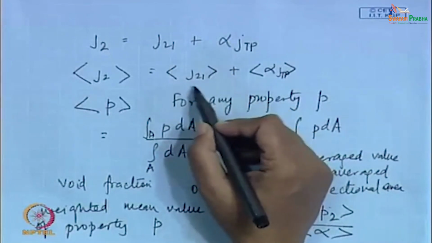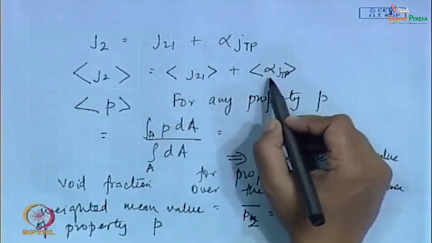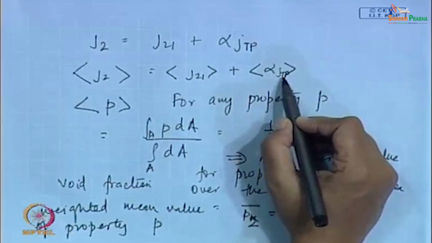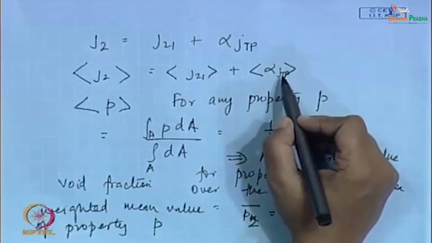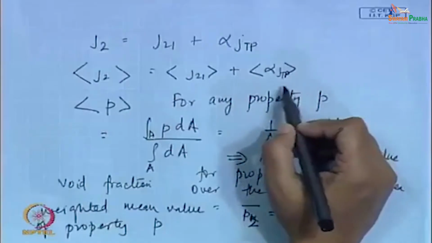So, this also can be found out easily. Now, for finding out alpha into JTp, what you have to do, for each particular point you have to measure alpha, at each particular point you have to measure JTp, you have to multiply the two and then you have to integrate the entire functional form. Now, this is not very easy.